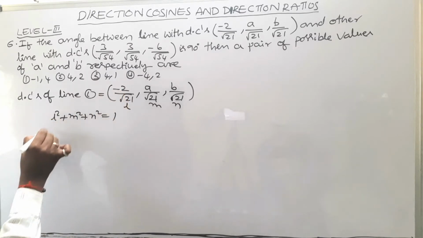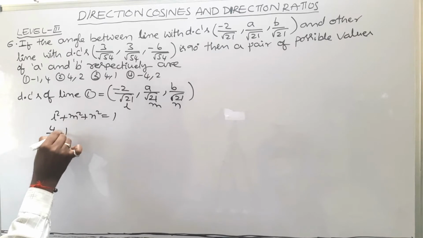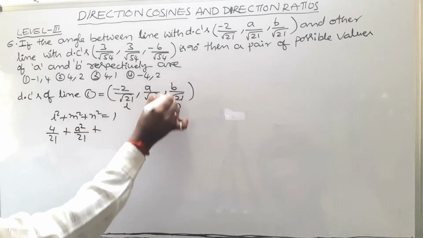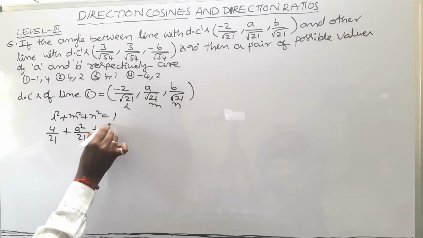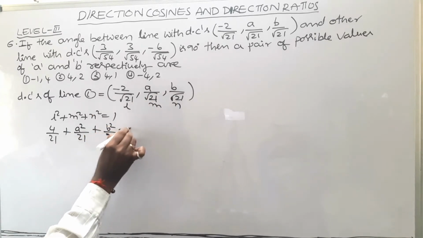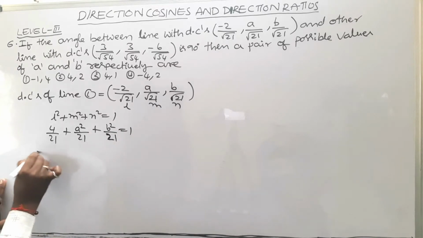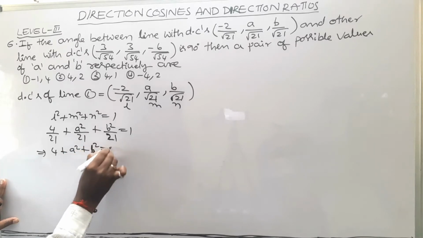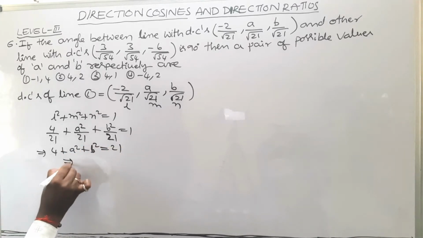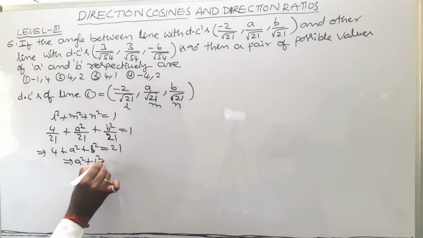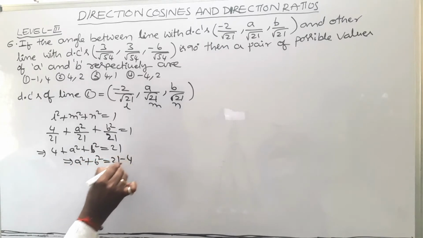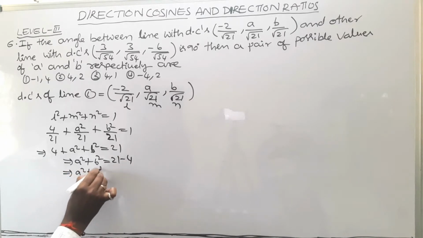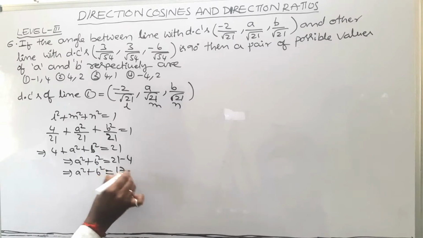Minus 2 by root 21 whole square is 4 by 21, plus A square by 21, plus B square by 21, is equal to 1. Here 21 is the LCM. 4 plus A square plus B square is equal to 21. A square plus B square is equal to 21 minus 4, equal to 17.